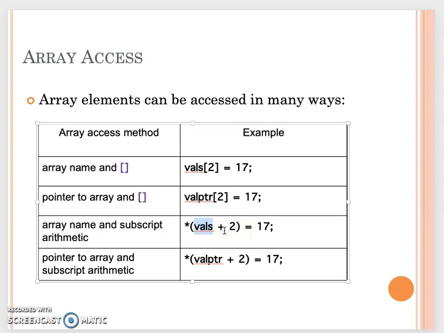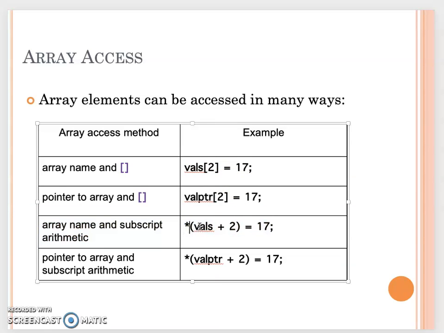When you add 1, 2, 3, they are kind of like your index. So vals plus 1 works like the index square bracket 1, and the array name plus 2 works like the square bracket with the index equal to 2. So these two actually work the same.